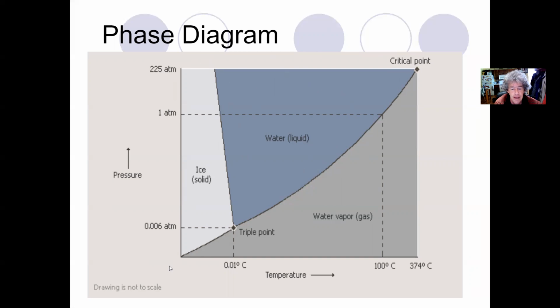The left side of the Y will be solid or ice. In between the two prongs of the Y will be liquid, and then below to the right will be gas. The point where they all come together is known as the triple point. That's an intellectually cool point, because at that exact temperature and pressure, you can have gas and liquid and solid all stable and not going from one to the other.